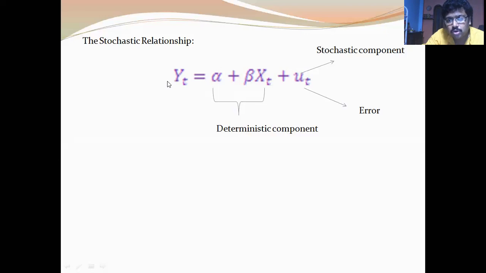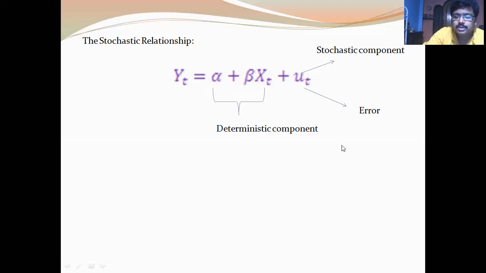If we consider only yt equal to alpha plus beta xt, then these omitted variables, that is the assets of a family and size of the family, are not considered. There are many other omitted variables, so these variables are considered through this ut. So this is the importance of the stochastic component, that is the error term.